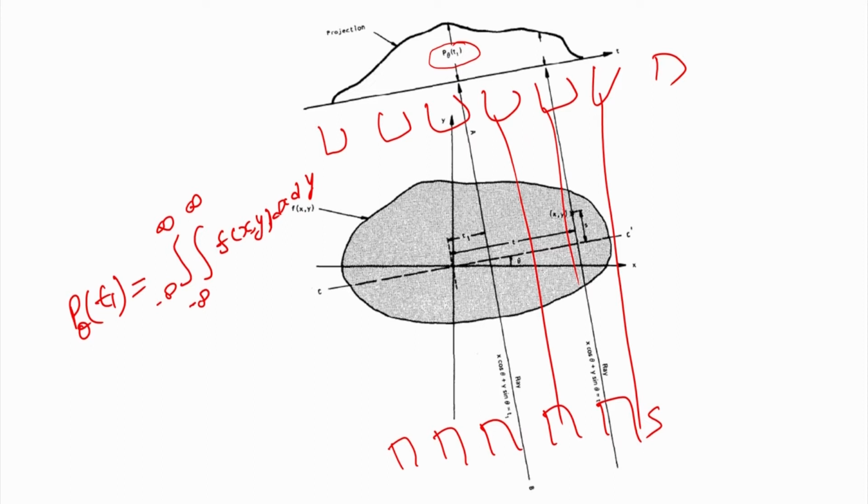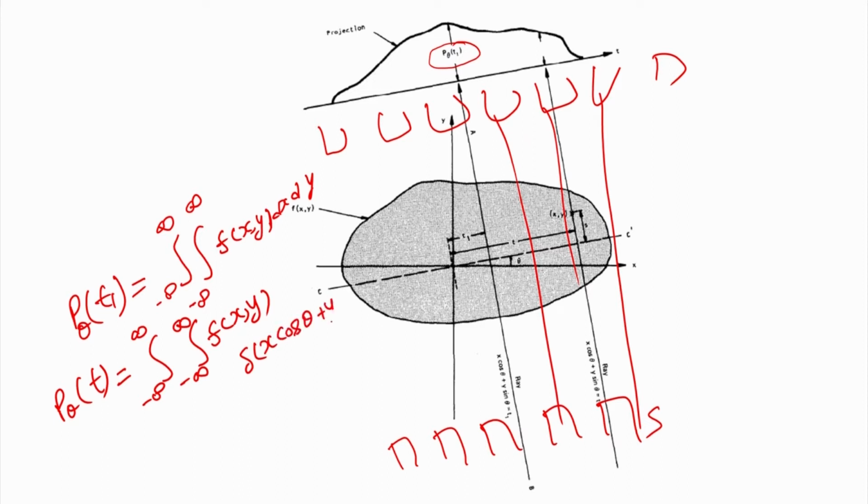Now, this projection can be written in terms of the line equation if I take a delta function. So, I can write p(theta, t) as the double integral from minus infinity to infinity of f(x, y), and I am introducing a delta function, delta(x cos theta plus y sin theta minus t), with dx dy. So, the whole p is the double integral of f(x, y) with the delta function x cos theta plus y sin theta minus t.